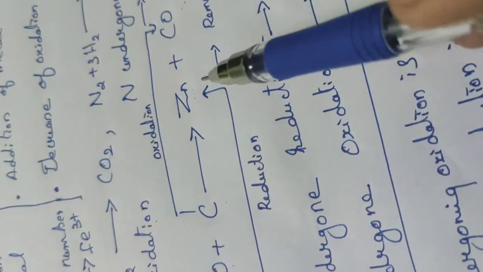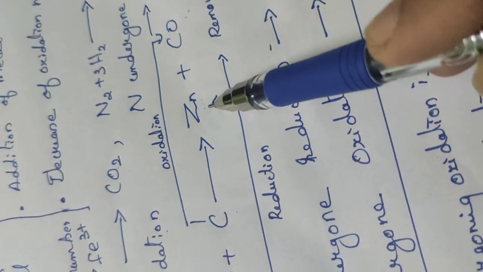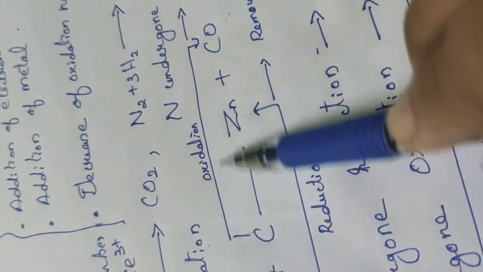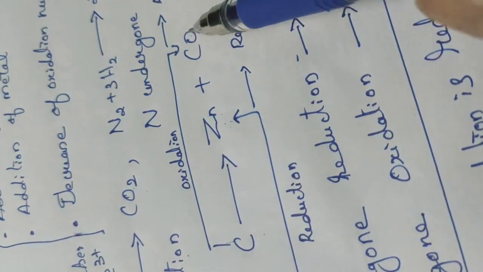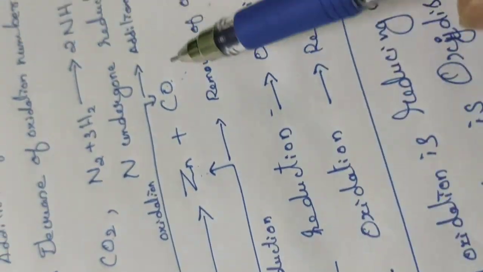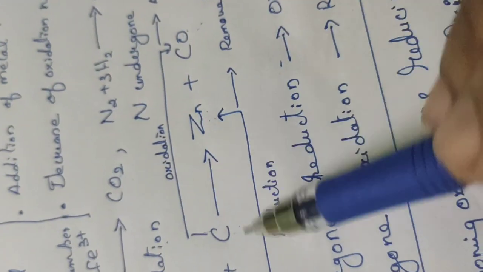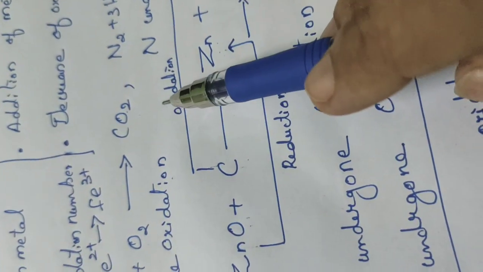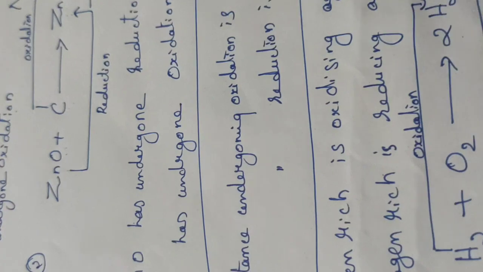Removal of oxygen happened there. Then what happened to carbon? Carbon has converted to carbon monoxide. So oxidation happened to carbon because of addition of oxygen.